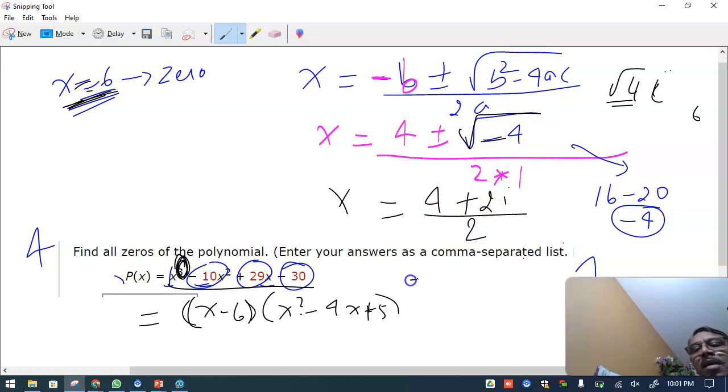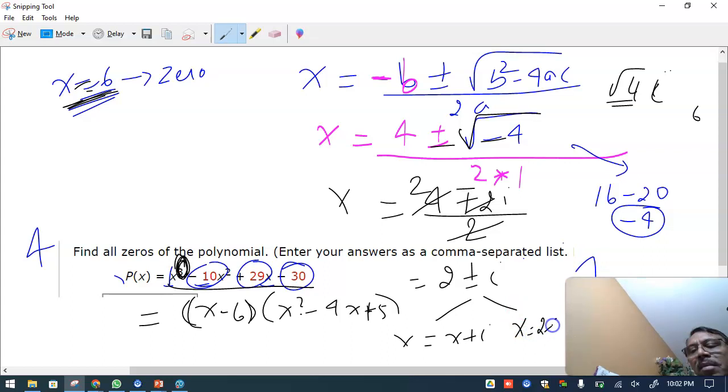Then separate this, and this 2 crosses out twice, so you get 2 plus or minus i. So the two values are x equals 2 plus i and 2 minus i.